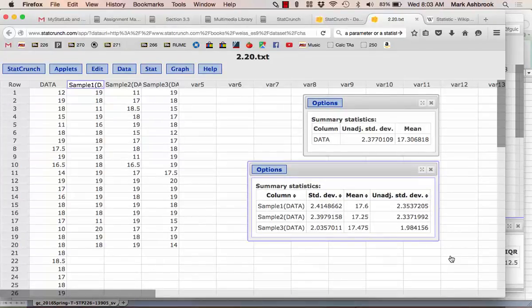What's true about all those standard deviations compared to the population standard deviation? You see? They're all too what? The first two are close, but all of them are low, right?